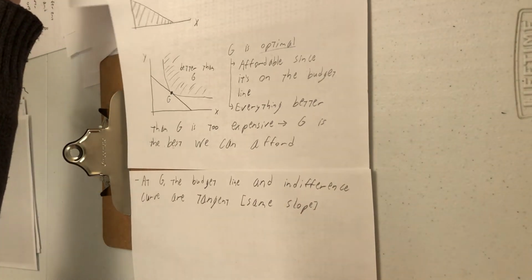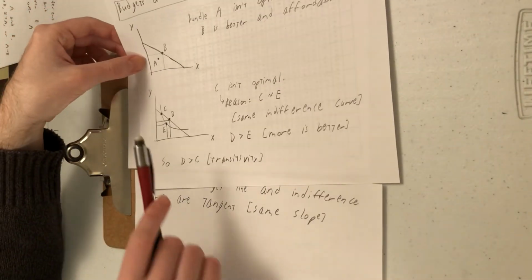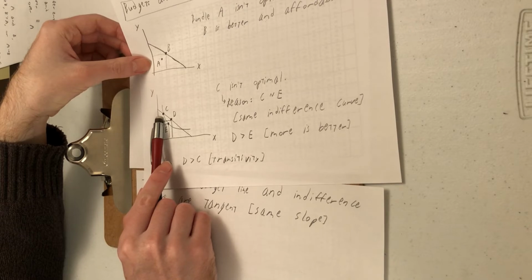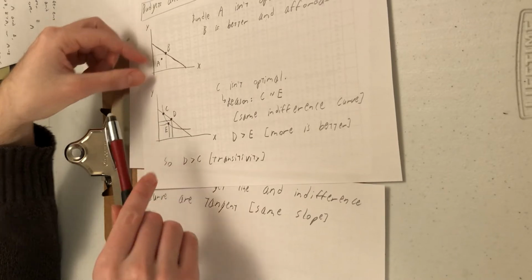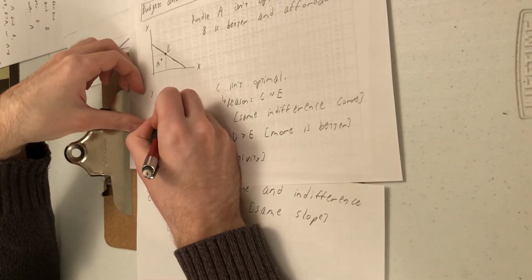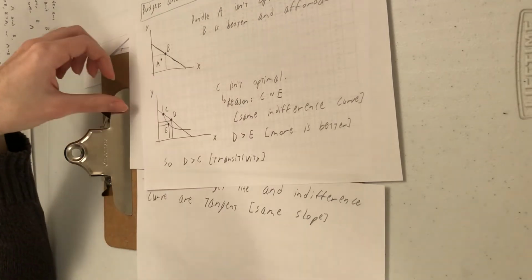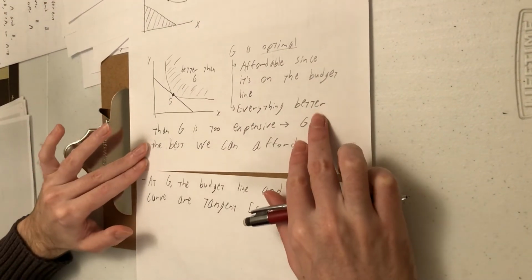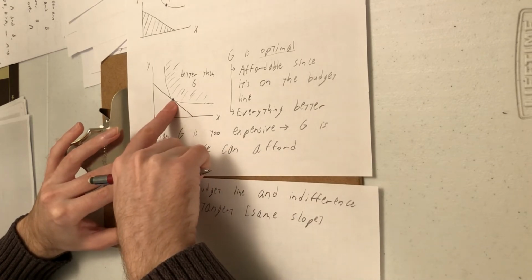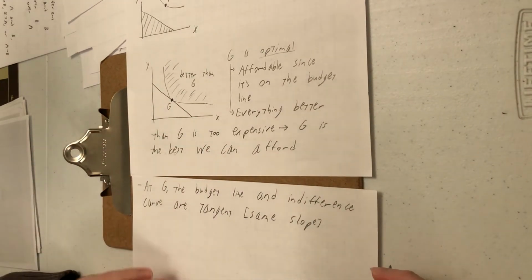Contrast that with what we had back here. At point C, the indifference curve and the budget line were not tangent. They had different slopes. The indifference curve was steeper than the budget line was. But G had the same slope at that exact point.